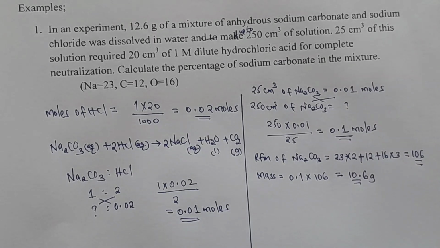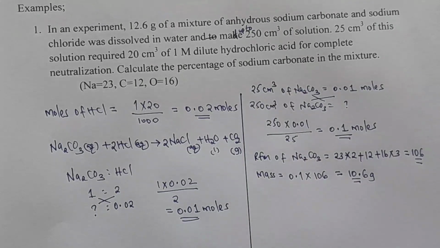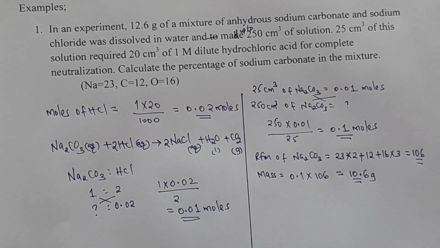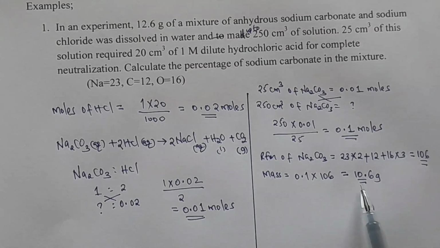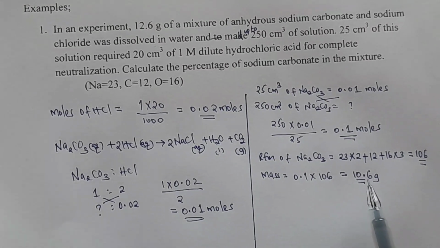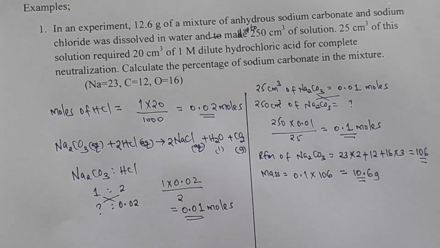Okay, to go back to the question, we are told to calculate the percentage of sodium carbonate in the mixture. If we want to get the percentage of sodium carbonate, we have to know the mass of sodium carbonate, which we have gotten as 10.6. Then we divide by the mass of the mixture, which is 12.6. Then we multiply by 100. It will give us the percentage of sodium carbonate in the mixture.